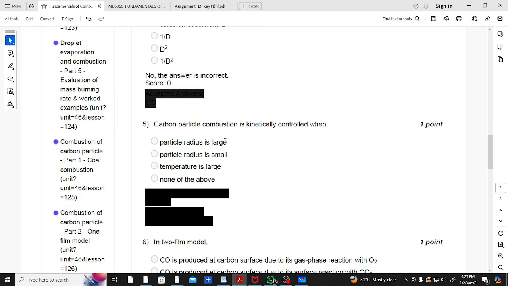Okay. Question number 5. Particle radius is small. Can anyone else answer this question? Okay, so the correct answer is particle radius is small.